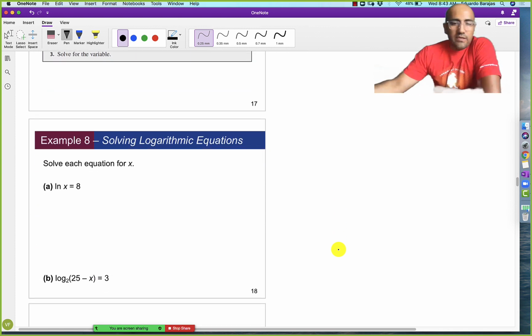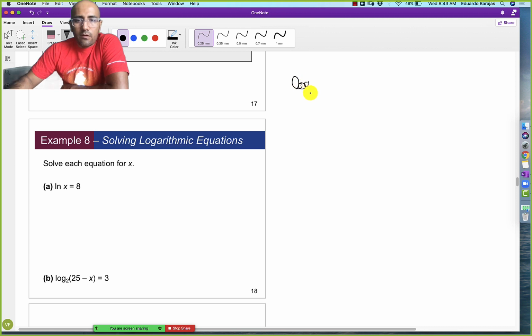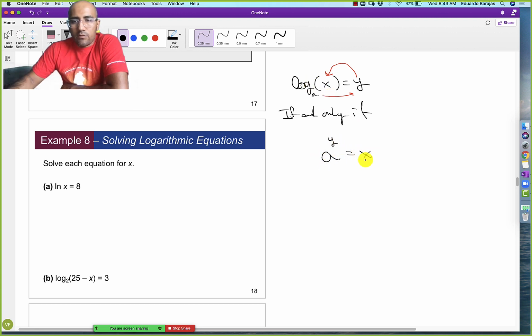And for both of these, I refer to it as the definition of logs. Remember that if we have log base a of x equals y, then by definition, a to the y power equals x, if and only if.